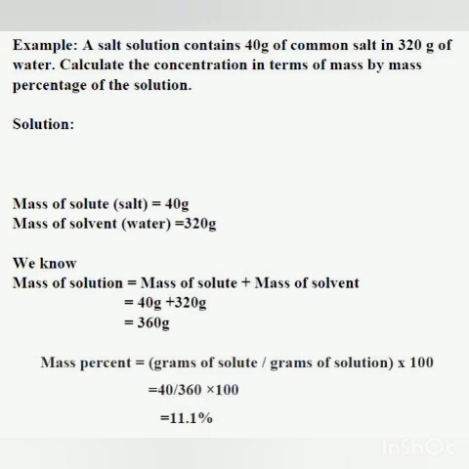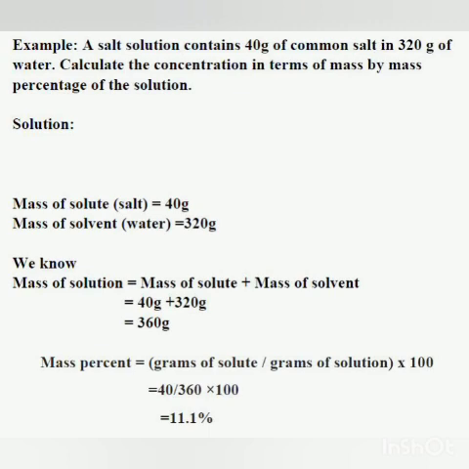So the salt solution contains 40 grams of common salt which is dissolved in 320 grams of water. So what will be the total weight of solution? Solution will be solute plus solvent. So here the solute is salt which is 40 grams, and the solvent is 320 grams. You can see here the mass of solute is 40 and the mass of solvent is 320 grams.